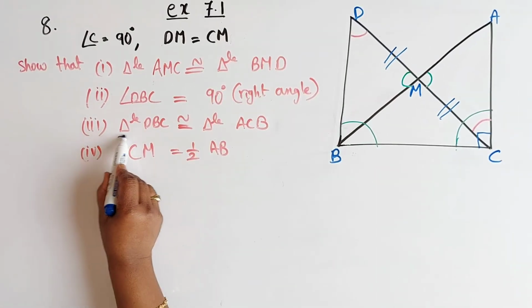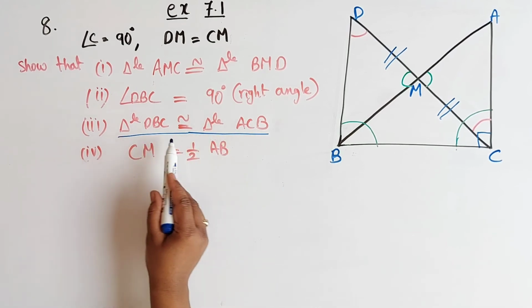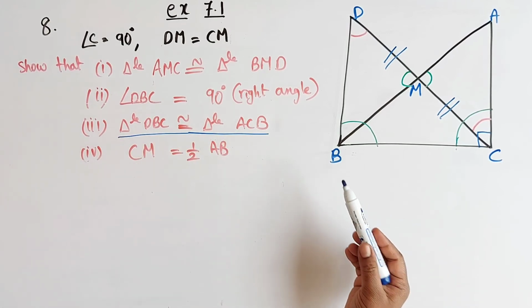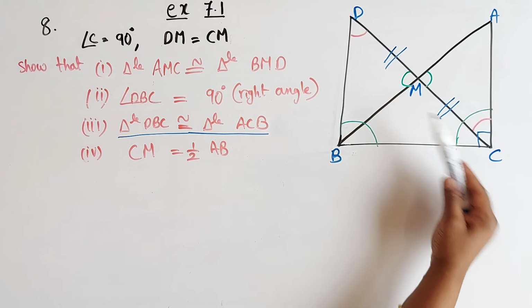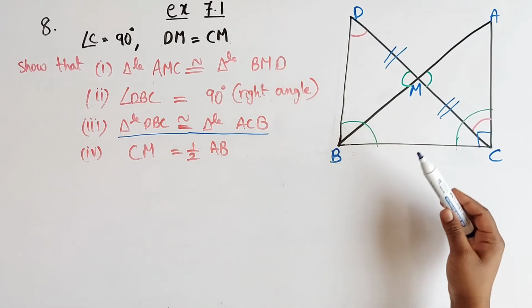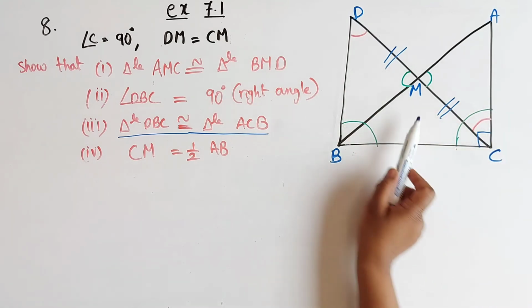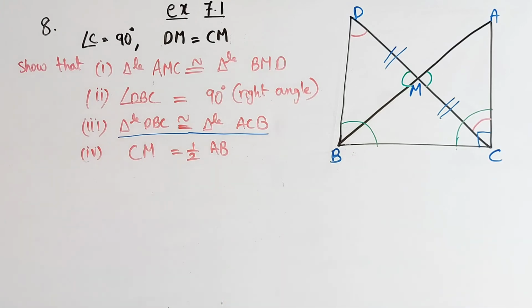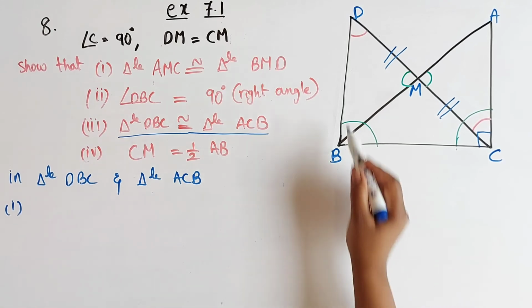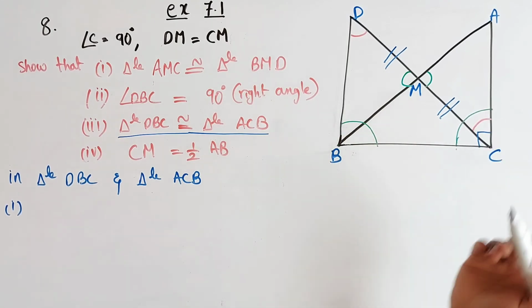Now third one, children, we have to prove that triangle DBC is congruent to triangle ACB. DBC, this one, is congruent to triangle ACB, this triangle. Correct, children? Now we have to check for common parts. In triangle DBC and triangle ACB, see the common parts, children.